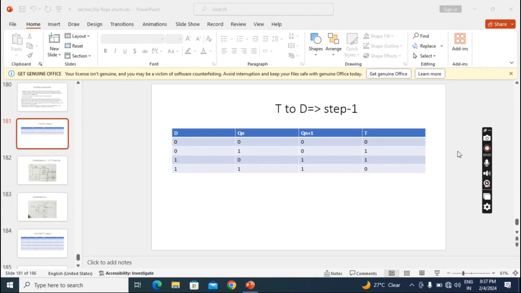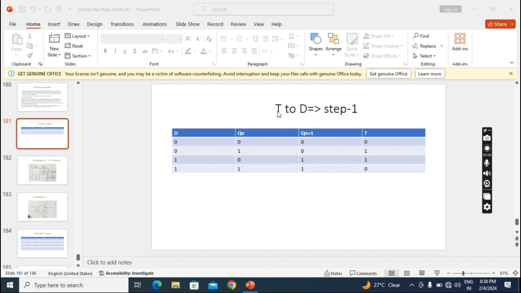In this lecture, we will discuss the conversion process of T into D flip-flop. T to D conversion. Okay. So this is step 1. I told in the previous lecture, in the first step, we have to take the characteristic table of the required flip-flop and the excitation table of the given flip-flop.